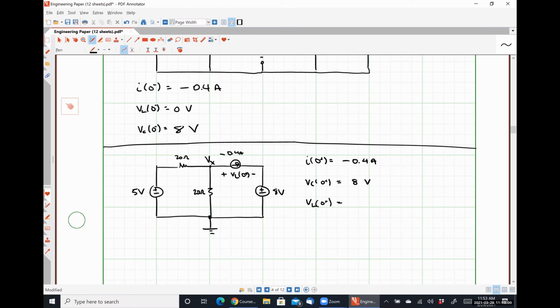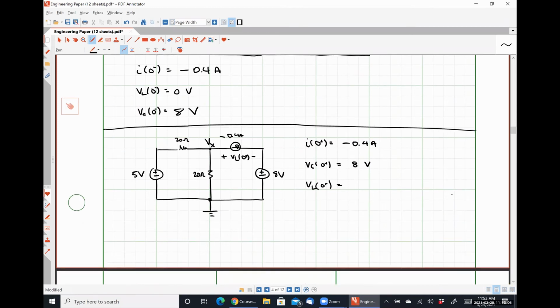So if we do Kirchhoff's current law at node X, we have (Vx minus 5 volts) over 20 ohms plus Vx over 20 ohms minus 0.4 amps is equal to 0, since all of the currents are leaving node X.